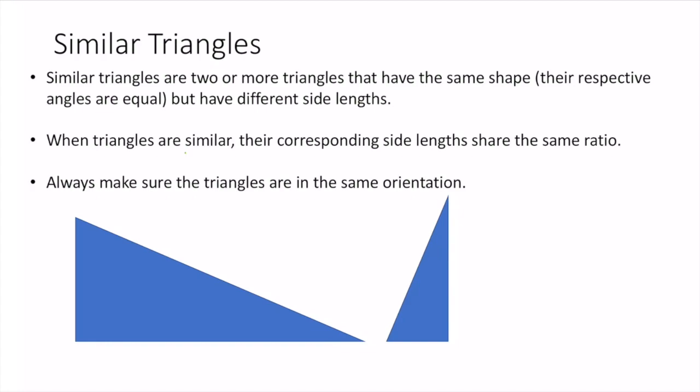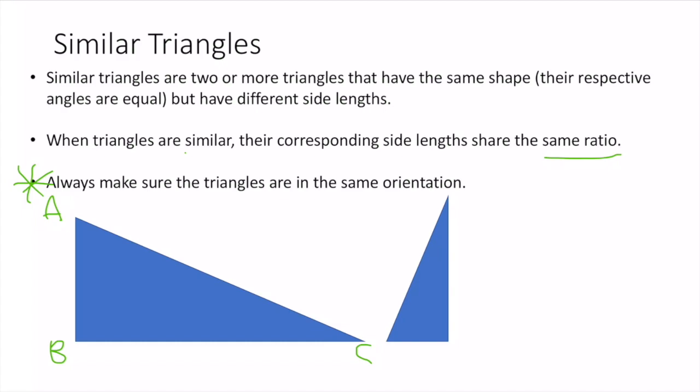So when triangles are similar, their corresponding side lengths share the same ratio. One thing to note here is to always make sure the triangles are in the same orientation. So if I wanted to put these triangles in the same orientation, let's say this is A, this is B, this is C. I have to match up the angles that are the same.